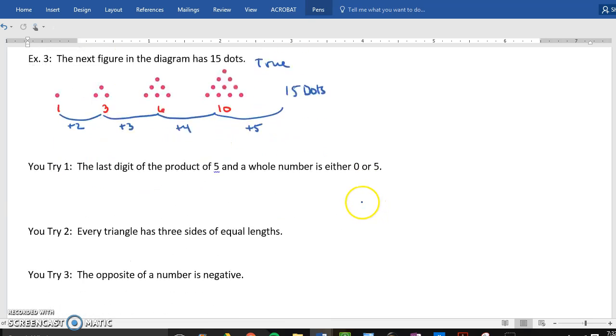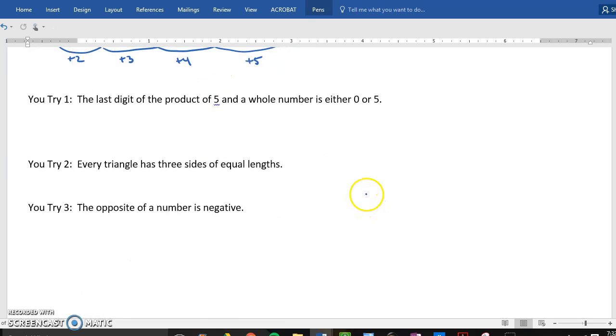Okay? Do the 3 you try problems and then come back and check your answers. So you try 1. The last digit of the product of 5 and a whole number is either 0 or 5. So product, you have to know, means multiplication. Okay?